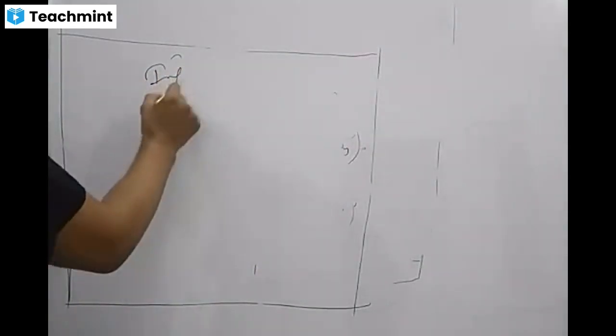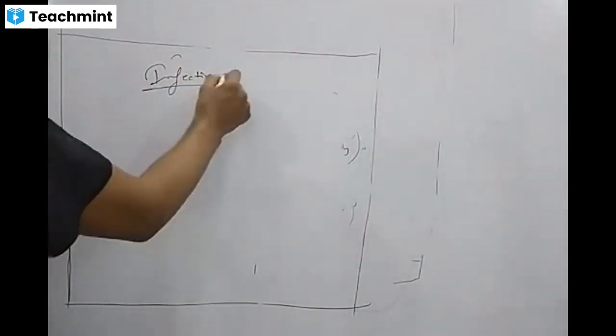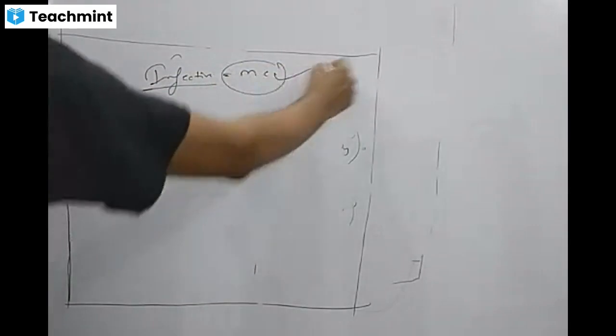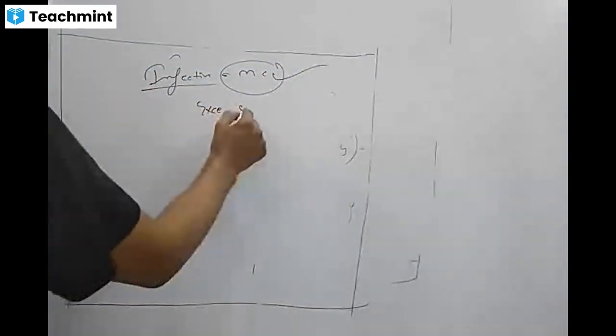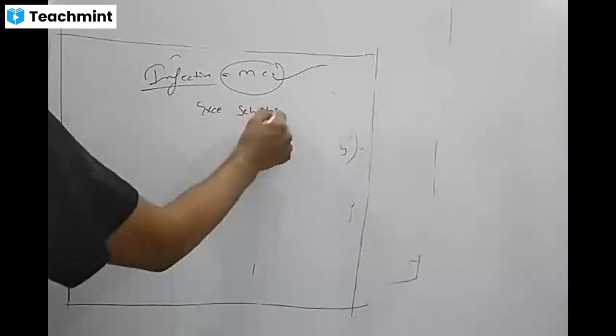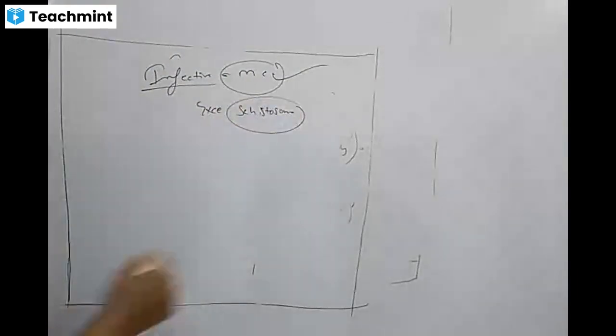Next feature is infective stage. Metacercaria is common for all the flukes except one, that is Schistosome. They have cercaria as the infective stage.